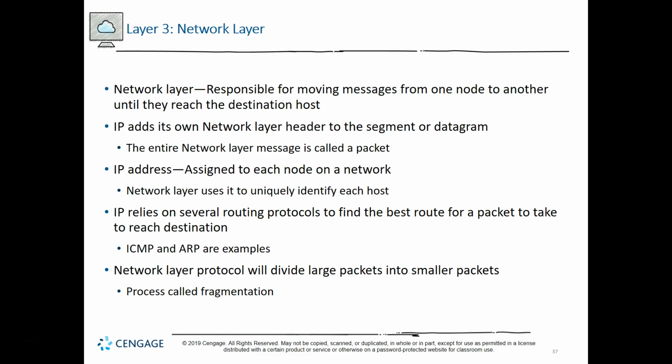So the network layer says, all right, I'm going to add a message onto this. And each one of those messages I send out, I'm going to see if it gets there. And the other thing I have to do is I divide it up into the appropriate size if it's over a certain size.